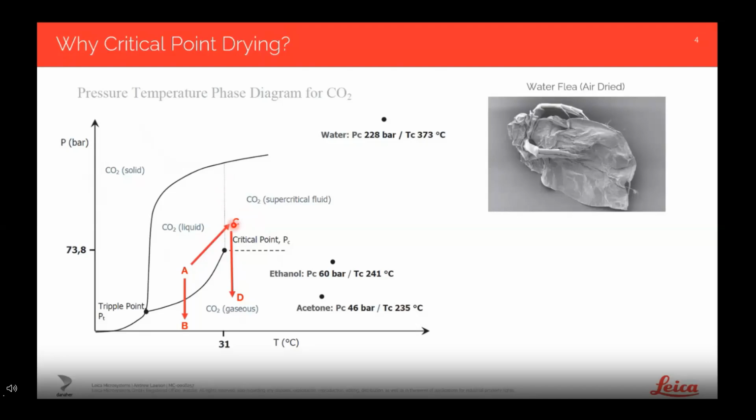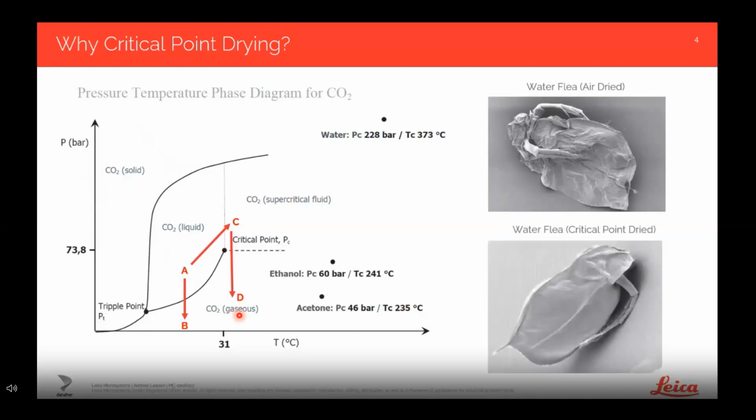Once we're there, we'll then hold temperatures stable and slowly gas or exhaust down to atmospheric pressure again, also crossing a pseudo phase transformation line here. This is represented by the dotted line here. And we'll be left with a dry gaseous sample.